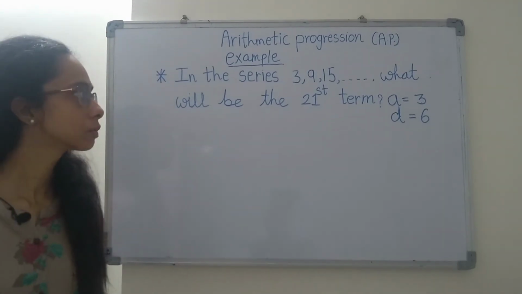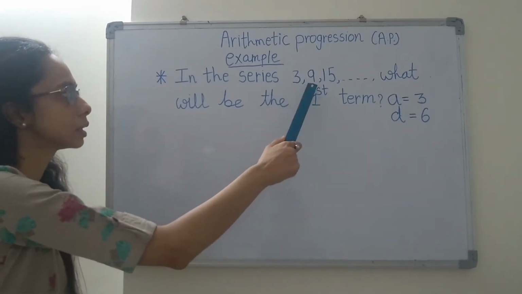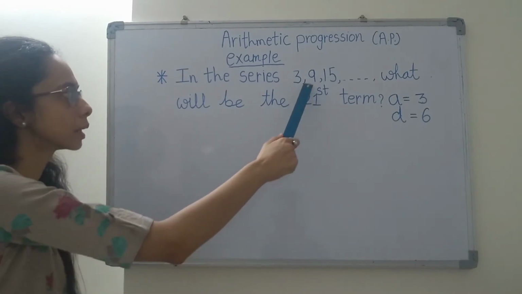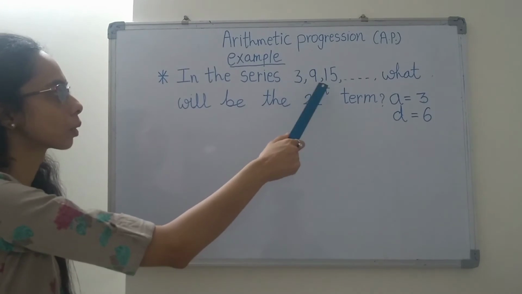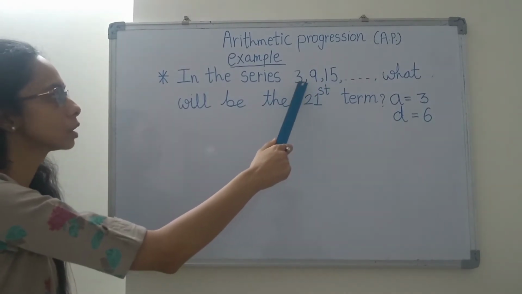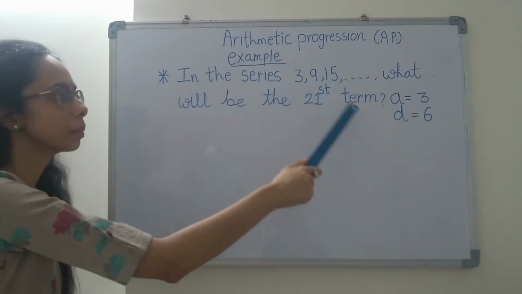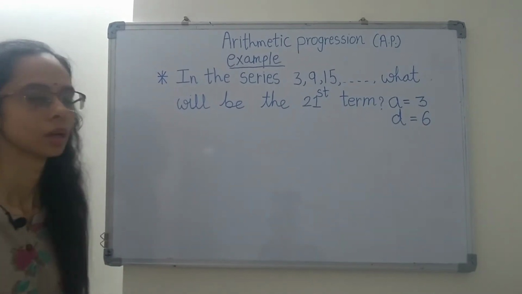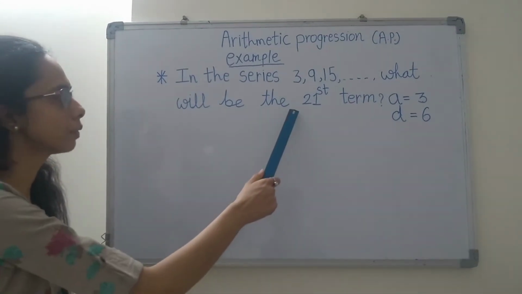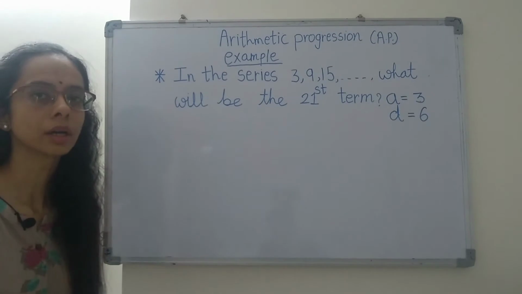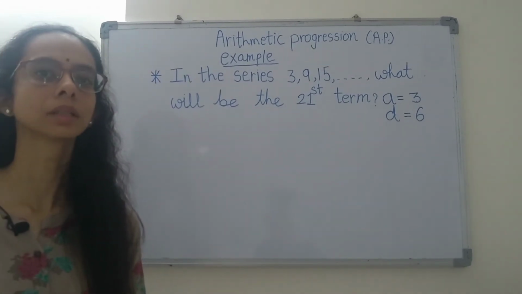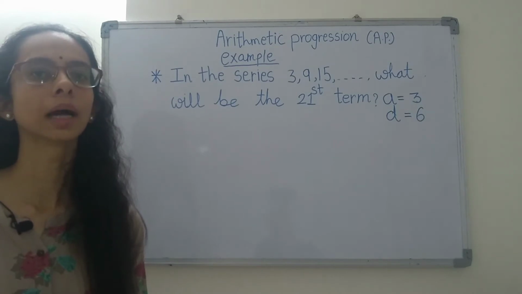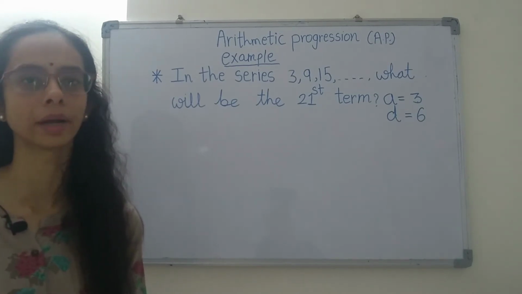Now first let's decide whether this is an arithmetic progression series or not. So yes, this is an arithmetic progression series because the difference between the consecutive terms remains constant over here. Okay. Now instead of the 21st term, you can be asked any term to find out. Like you can be asked the 31st term, or you can be asked the 106th term to find out.